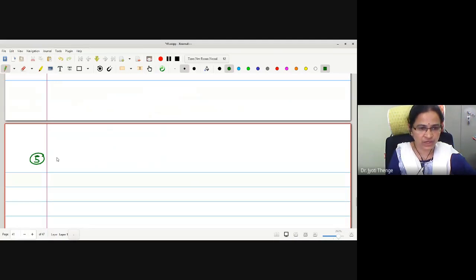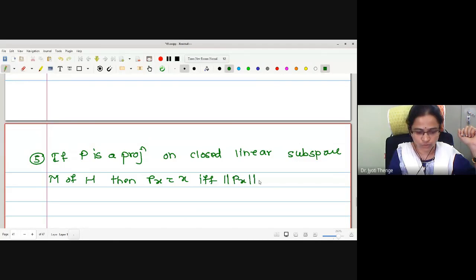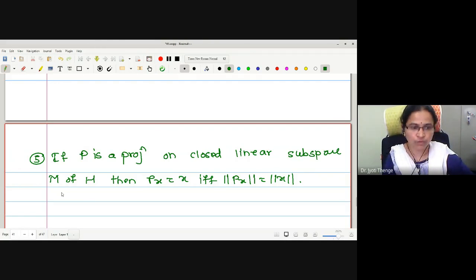Property number 5: if P is a projection on a closed linear subspace M of H, then Px is equal to x if and only if norm Px is equal to norm of x. This is property number 4, 5. Now let me write property number 6.